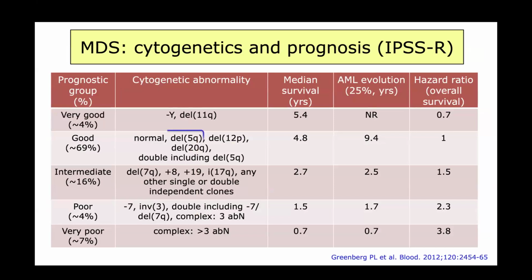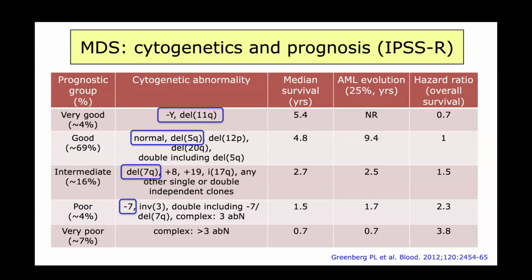Just looking at some of the features, normal cytogenetics, del5q amongst others, are associated with a good prognosis, which accounts for the bulk of patients, whereas abnormalities of chromosome 7 are generally worse.